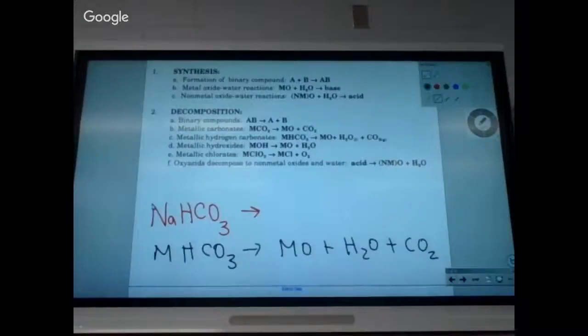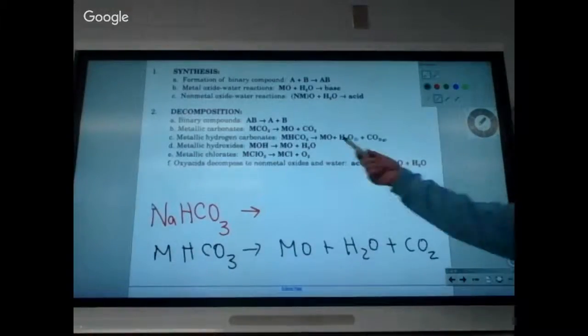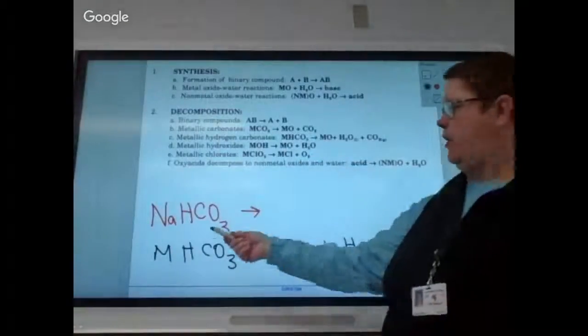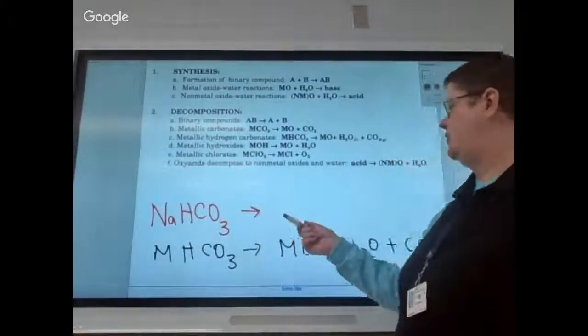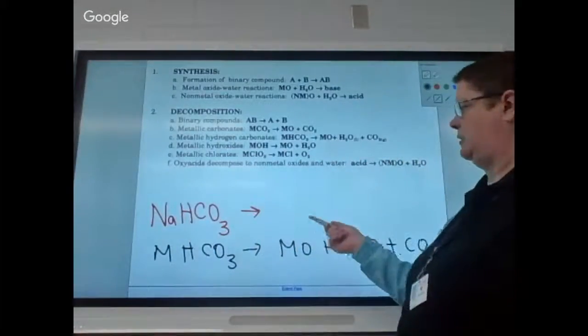You told me it was a metallic hydrogen carbonate. Yeah, that's what I wrote. HCO3, not MO. I wrote this under the reactant side, and this is the product part, so I wrote it under the product side.